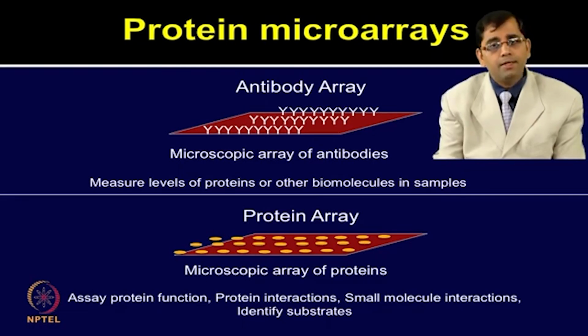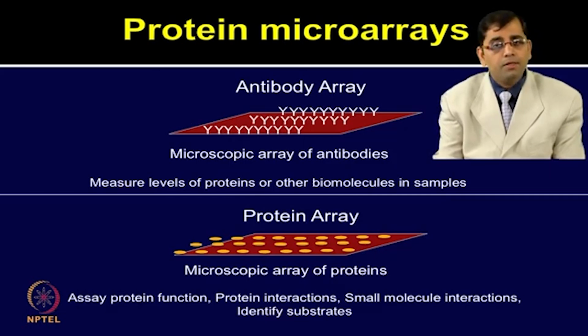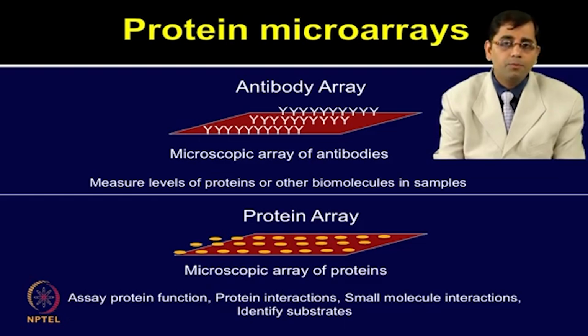In the test protein arrays, the proteins are spotted as opposed to the antibodies. This is done by using a procedure that preserves the activity of proteins on the surface. The goal of these test protein arrays is to perform functional studies so that different types of functions can be assigned.